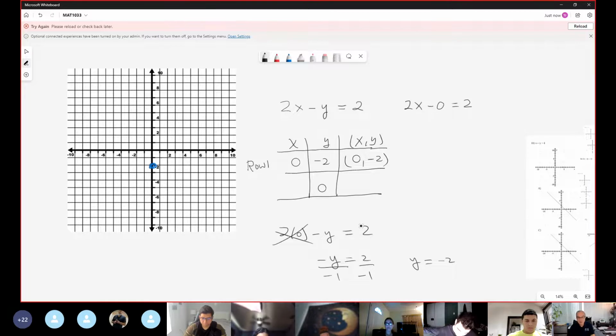You replace this value 0 and y. Entonces 2x is equal to 2, divided by 2, x is equal to 1 here, and the point is 1, 0. Let me try to do my best. Is the point 1, 0. 1, 0 here.